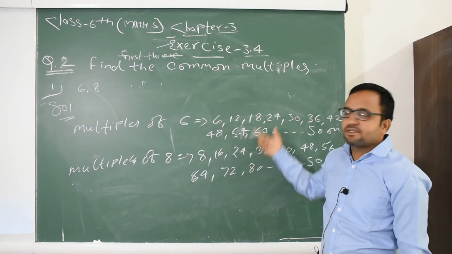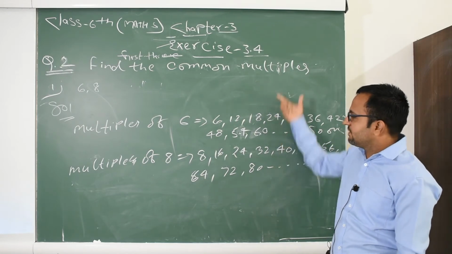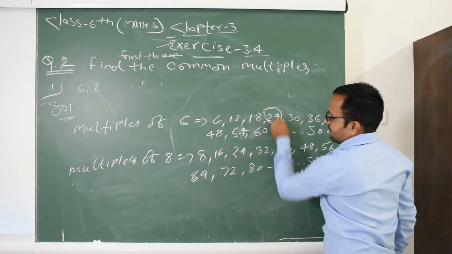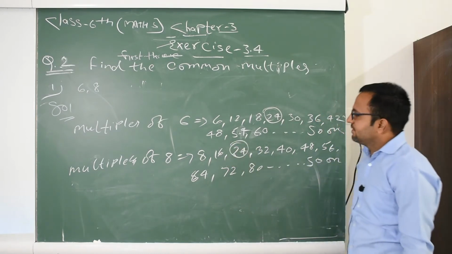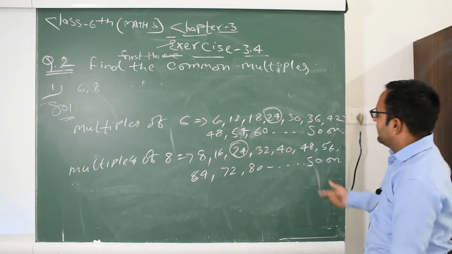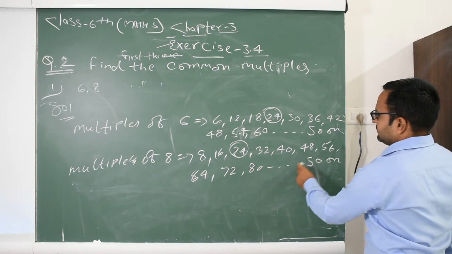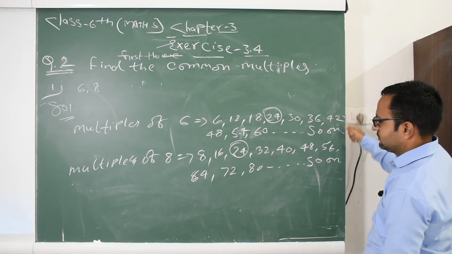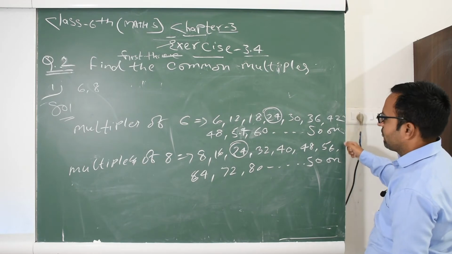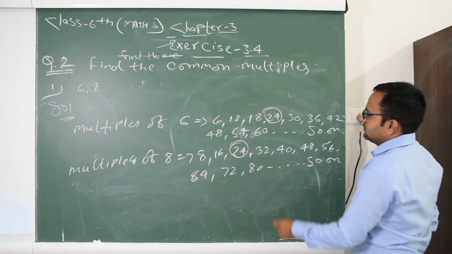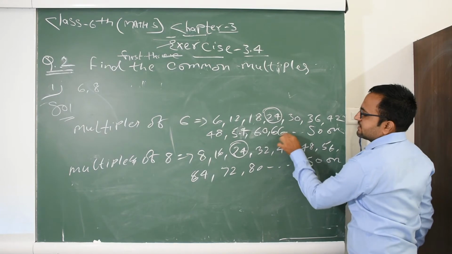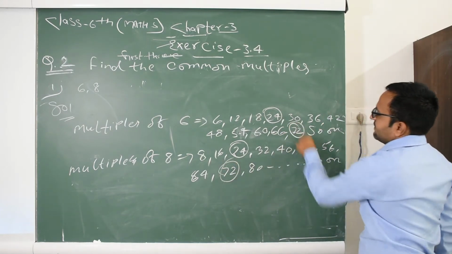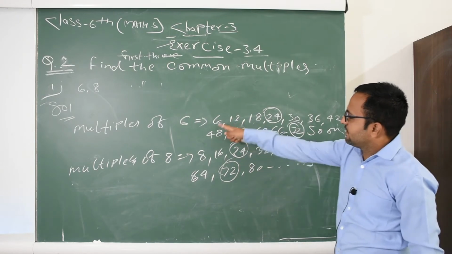Now in these we find the common multiples. Common multiple, that means what? 24 and 24, 48 and 48, 72 and 72.